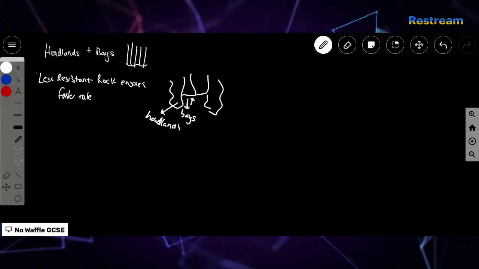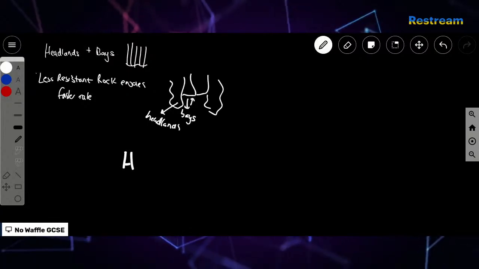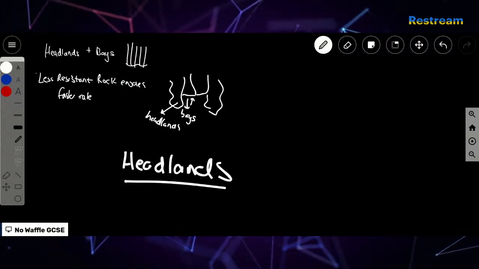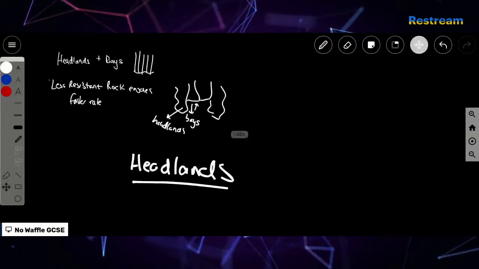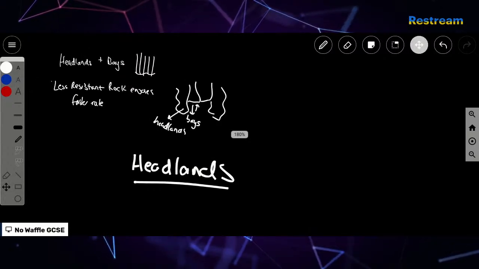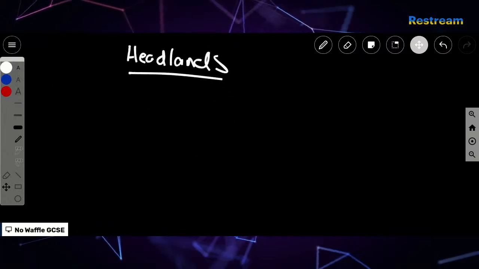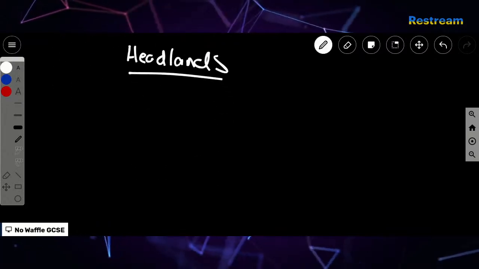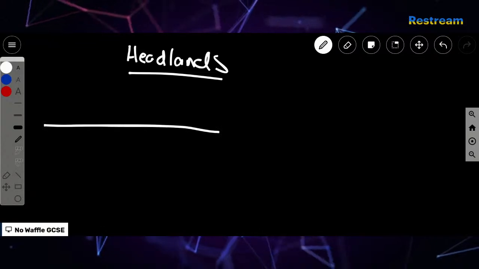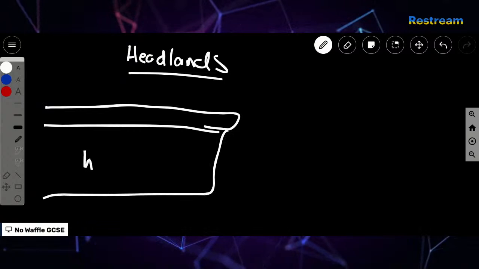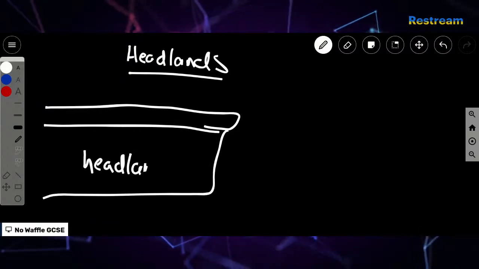Now headlands are eroded further on, so headlands can be eroded as usual. All rock erodes, just at different speeds. Headlands can be eroded when we're looking at the side profile of it. So imagine it sticking out into the sea.